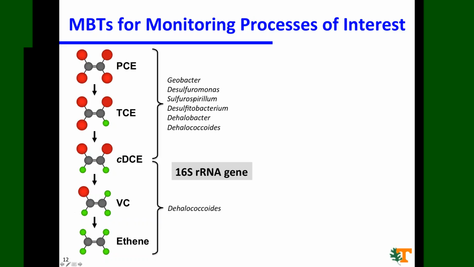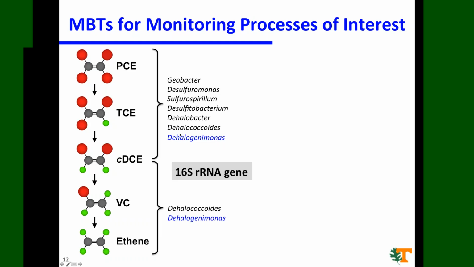So in the case of chlorinated ethenes, we have a number of organism and process-specific biomarkers for PCE, TCE to cis-DCE dechlorination. Here, organism-specific biomarkers based on 16S rRNA gene targeted analysis. Here I should mention some new findings that are just now being published.